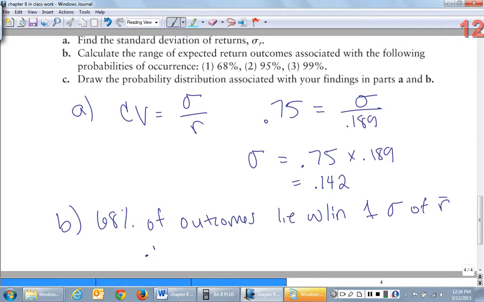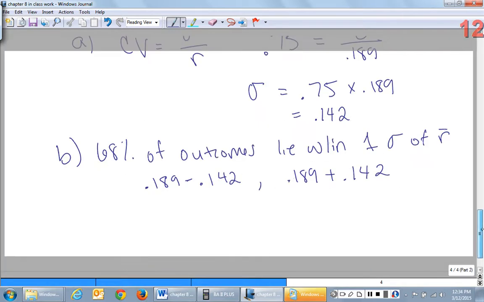So we have 18.9% minus our standard deviation of 14.2%, and 18.9% plus our standard deviation of 14.2%. So 68% of our observations will lie between 4.7% and 33.1%.